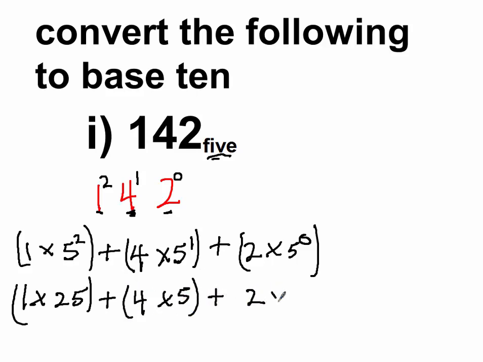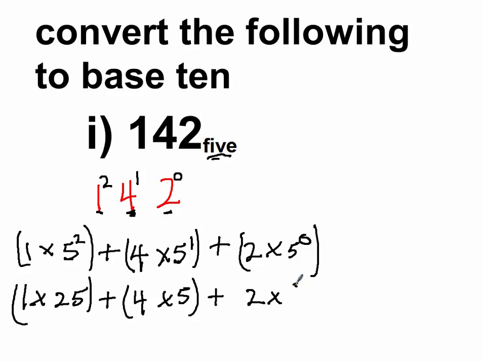Then 2 times 5 to the power 0. Please, let's keep in mind that any value to the power 0 is equal to 1. That is one of the laws of indices. So any number to the power 0 is 1. If you have been following our lessons, I'm sure you've been explained why it is so.